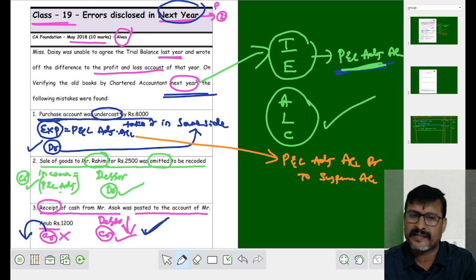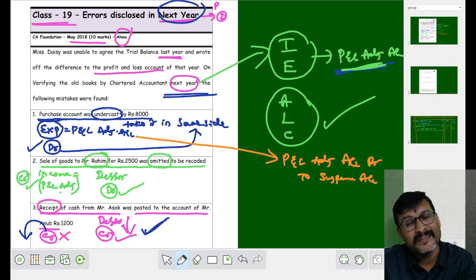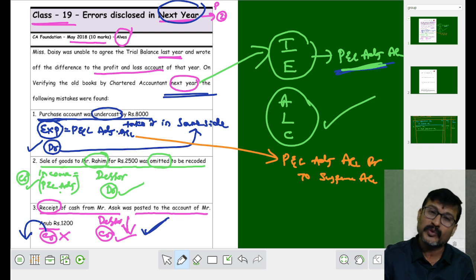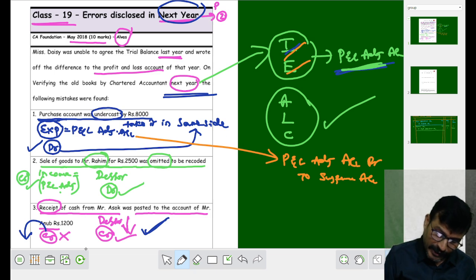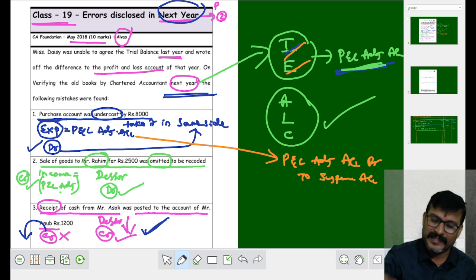Now a question arises. Sir, can we use P&L adjustment? Please remember, use P&L adjustment when there is an income and when there is an expense. Do you think debtors are income and expenses? I think no, because a debtor is an asset.